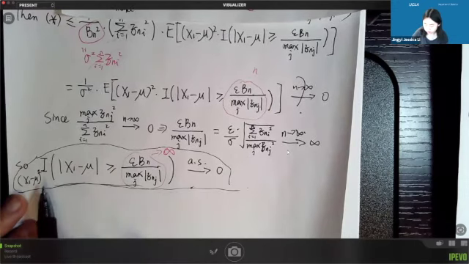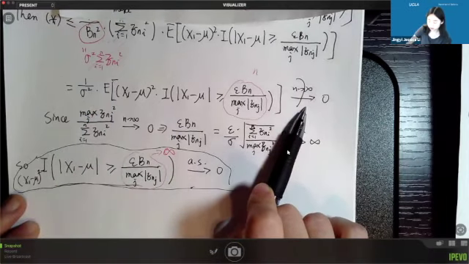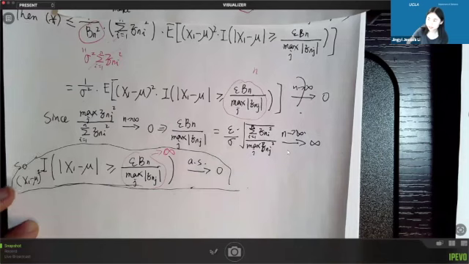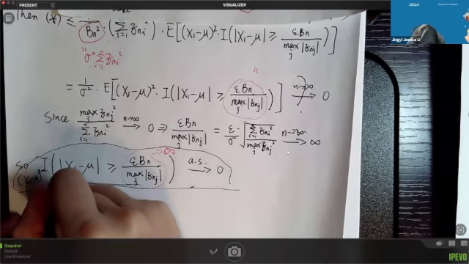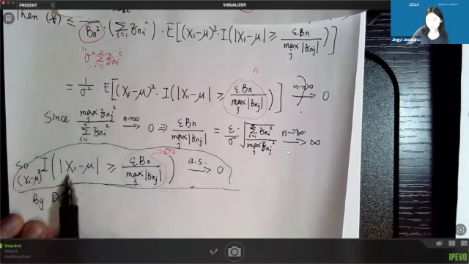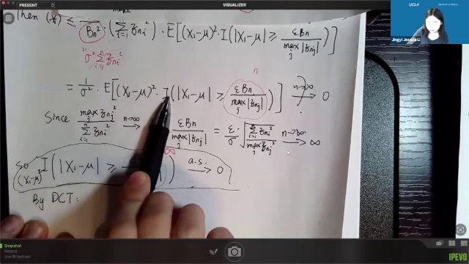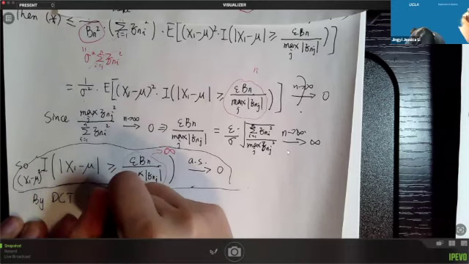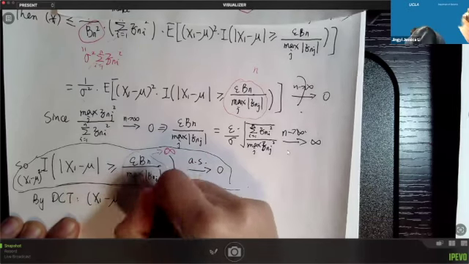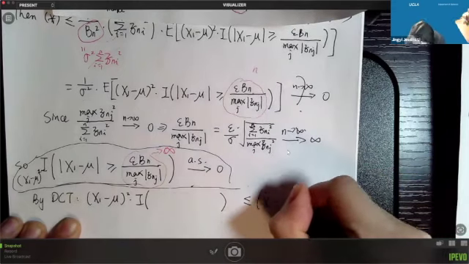Then how do we go from this almost sure convergence to the expectation convergence? This is something we talked about, though we didn't prove it: the dominated convergence theorem can be used here. So by the DCT, the indicator is another thing to use, right? This thing multiplied by the indicator is dominated by this thing itself. So x1 minus mu squared times the indicator is dominated by x1 minus mu squared.